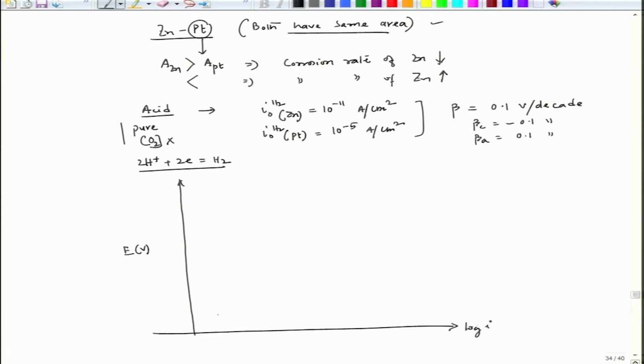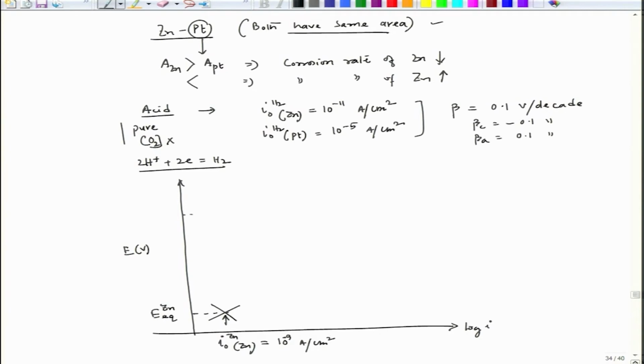We will have zinc equilibrium and I0 of zinc over the zinc surface. I assume it to be, let us assume it to be 10 to the power minus 9 ampere per centimeter square.